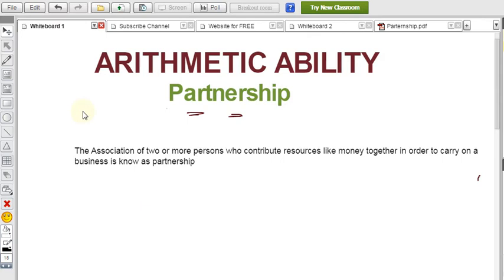Here, partners are those who are contributing. The persons who invest money in the business are partners. Partners must also be two or more. Those who invest money in the business are the partners.